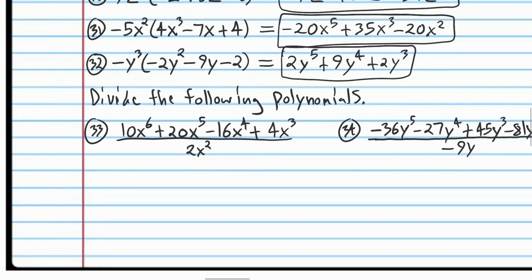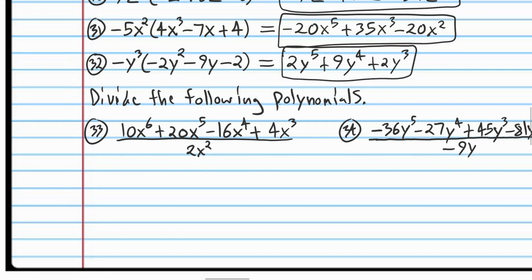So when you multiplied a monomial by a polynomial, you added the powers, and of course you learned in the last course if you're dividing power terms, then you subtract the powers. But first we go ahead and just divide the numbers. So 10 divided by 2, that would be 5. And we're going to subtract the powers now. So 6 minus 2 is 4.